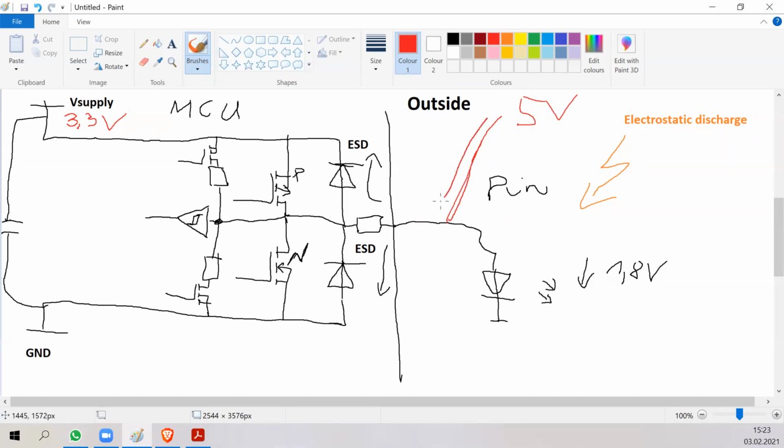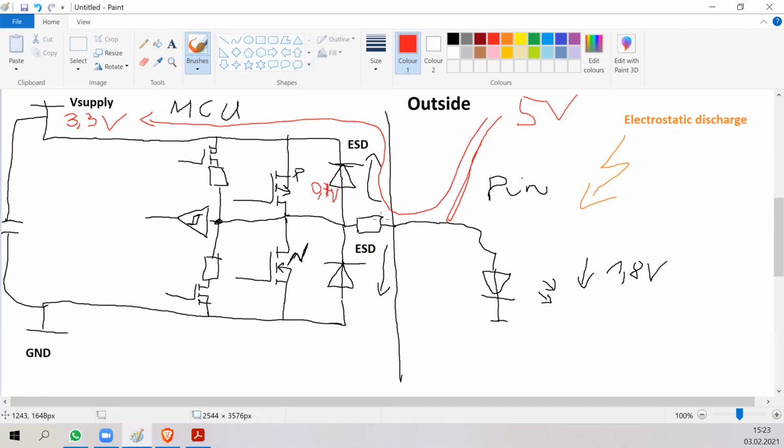current goes into the pin through the ESD diode to the supply of 3.3 volts. So this diode has a voltage drop of approximately 0.7 volts, just simple silicon diodes. And the supply voltage increases to 5 minus 0.7 volts.